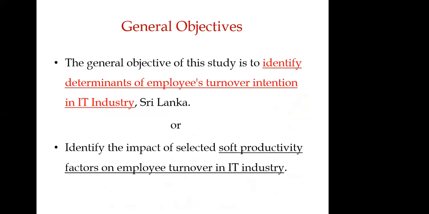See, as I told, defining objectives is very important. That's why I told you about the previous case, where we saw some problem with the IT industry.